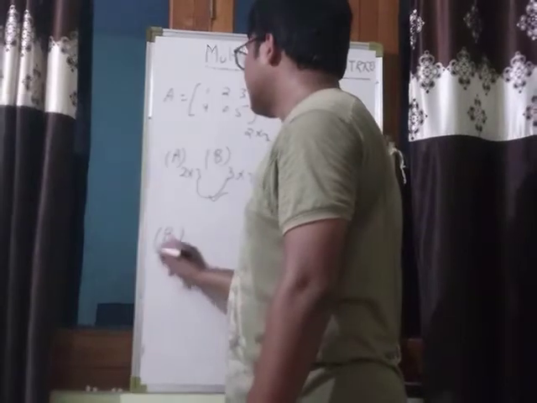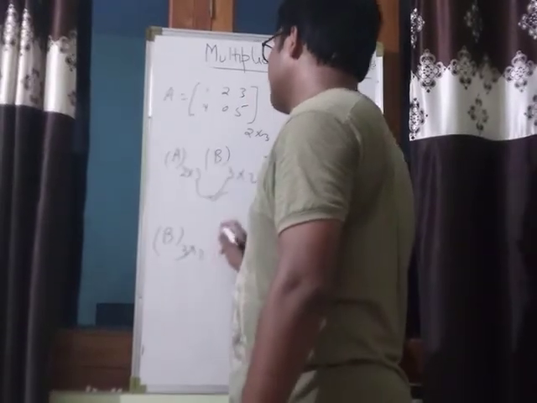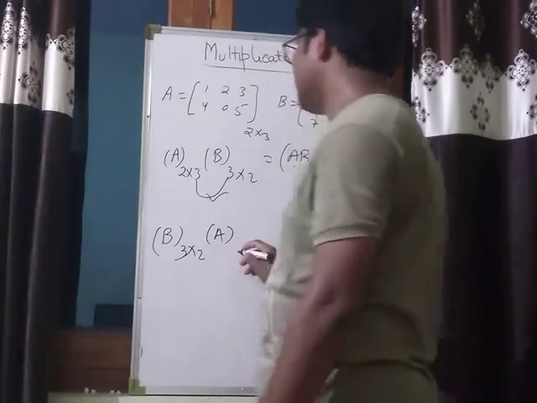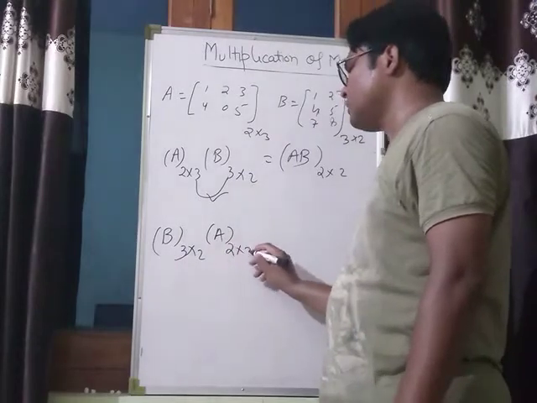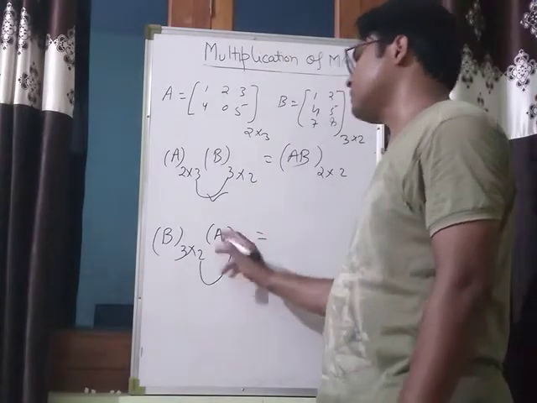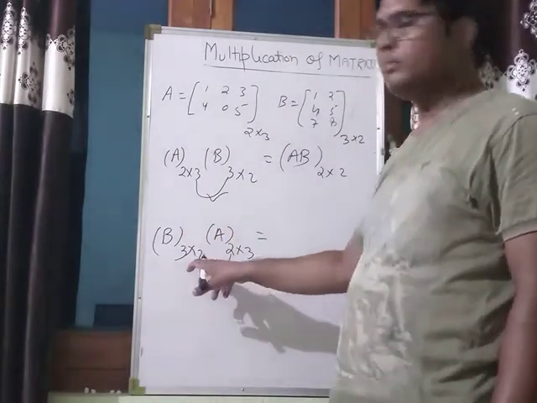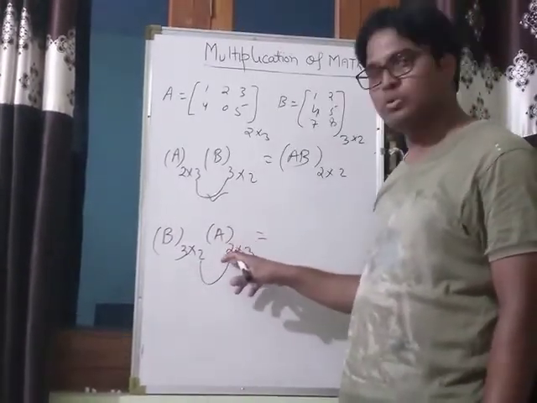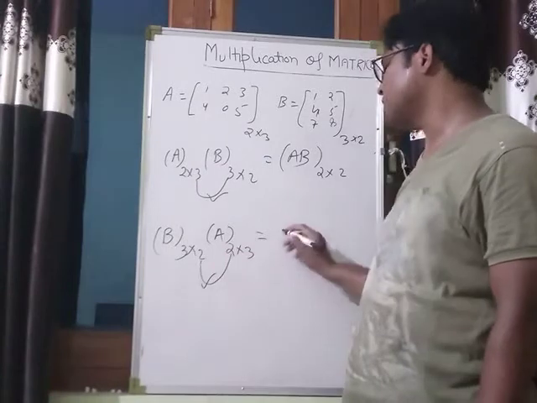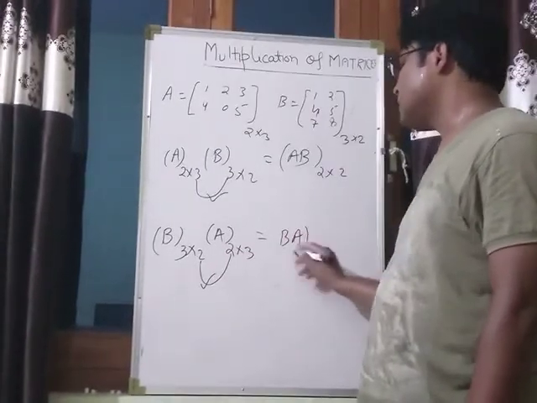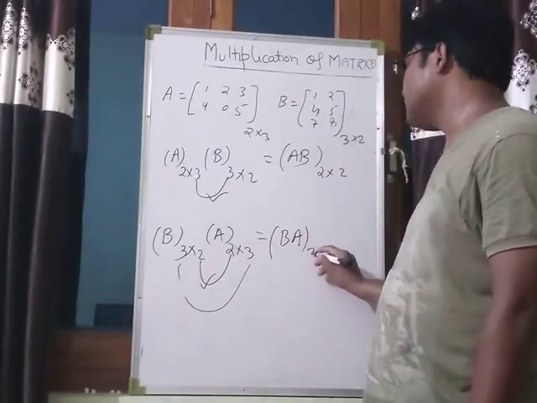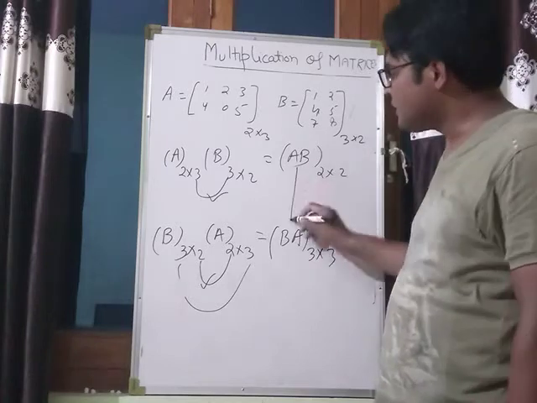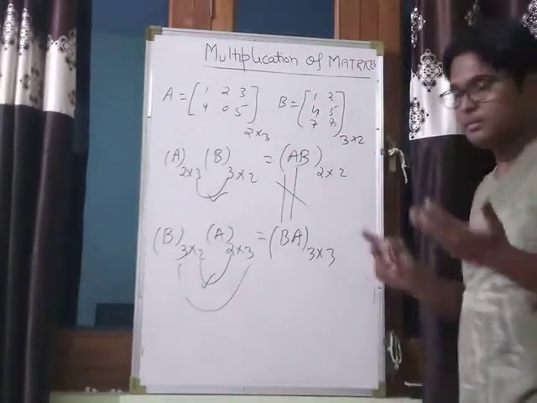And B is a matrix of order 3 by 2 and A is a matrix of order 2 by 3. Then you can see the number of columns of the pre-multiplier and the number of rows of the post-multiplier are the same. That's why BA exists and it is of order 3 by 3. Clearly they are not equal. Why?